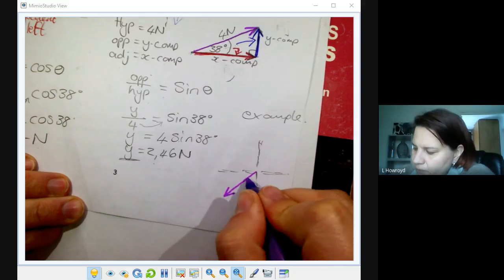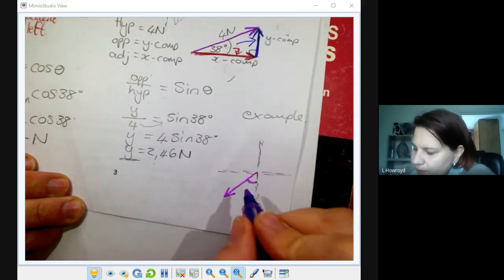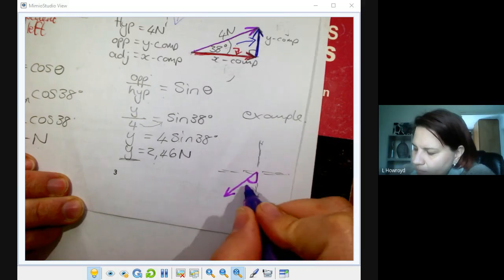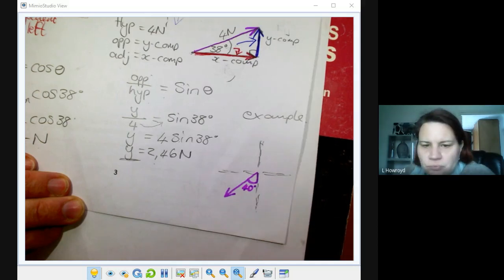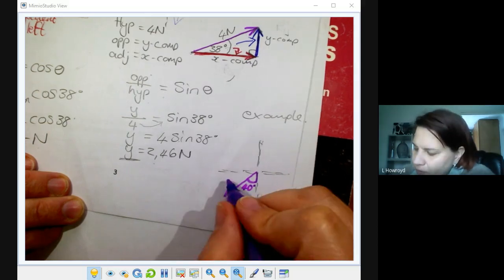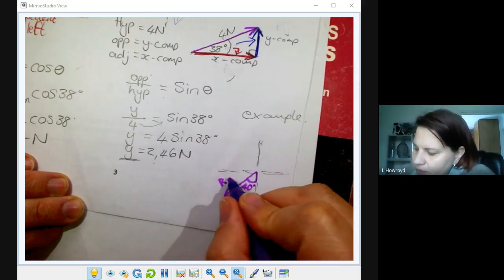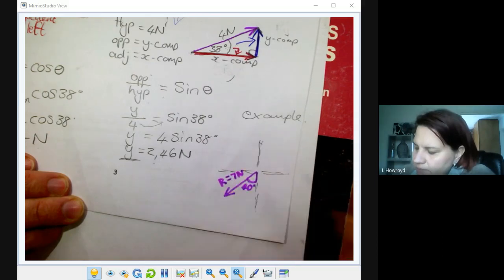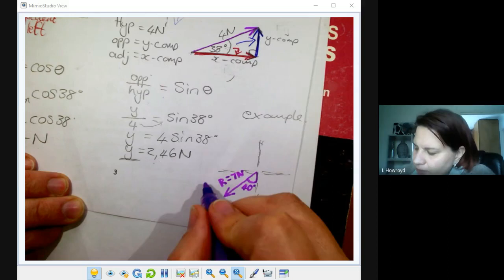Okay, follow the steps. I'm going to give you an angle between there and there of 40. Okay, and the R is going to equal 7 newtons. So this is number 1.